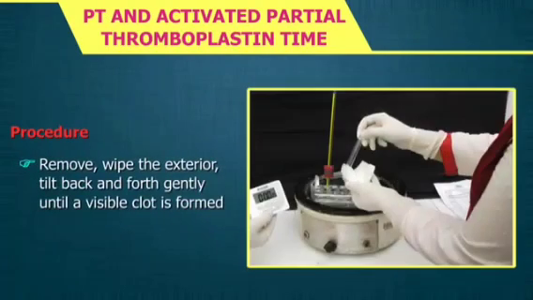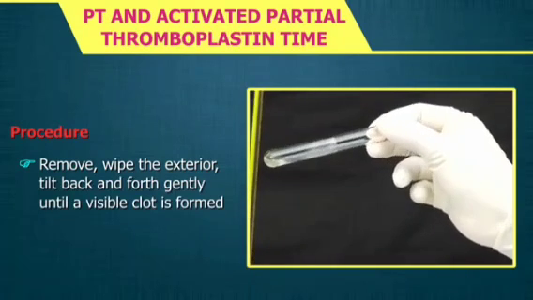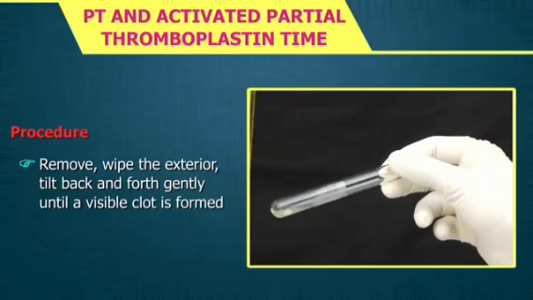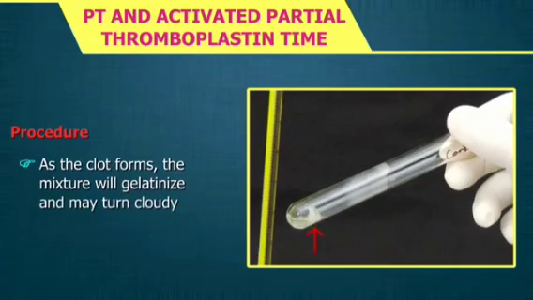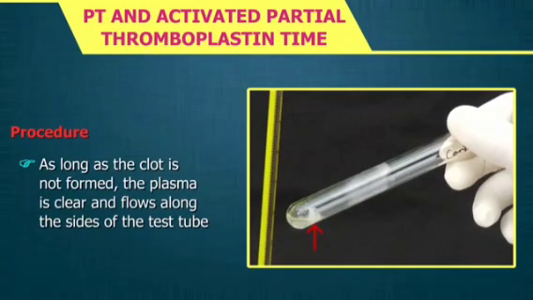Then remove, wipe the exteriors, tilt back and forth gently until a visible clot is formed. As the clot forms, the mixture will gelatinize and may turn cloudy. As long as the clot is not formed, the plasma is clear and flows along the sides of the test tubes.